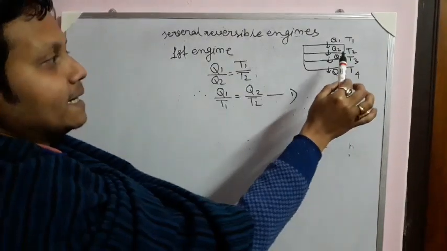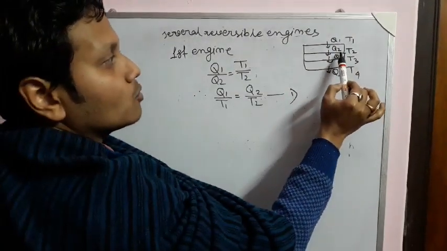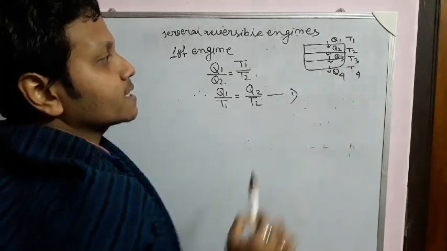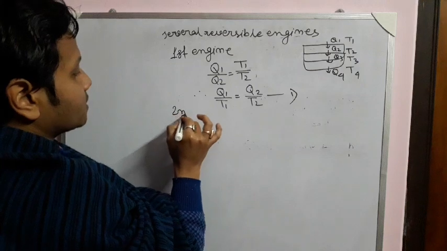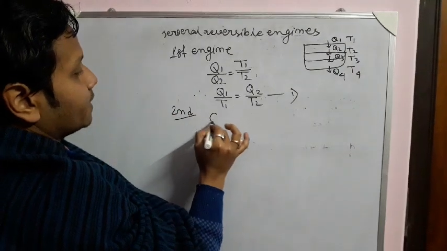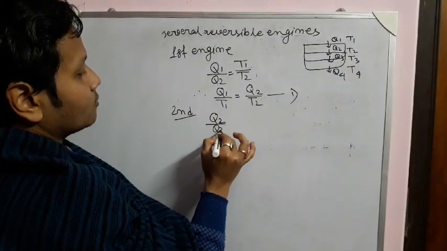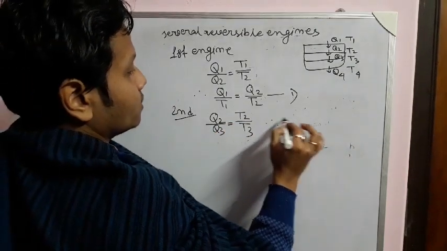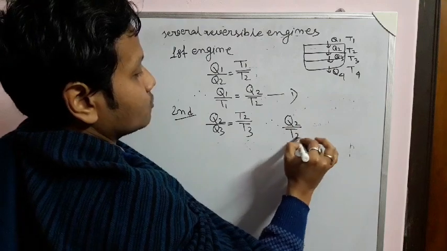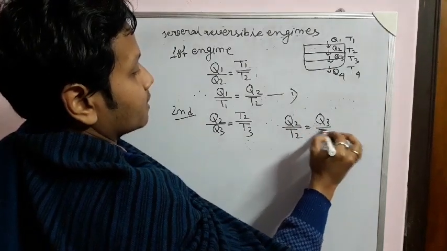Now the second engine absorbs Q2 amount of heat at temperature T2 and rejects Q3 amount of heat at temperature T3. So what do we write for the second engine? For the second engine we can write Q2 upon Q3 equals T2 upon T3, from which we can easily write Q2 by T2 equals Q3 by T3.